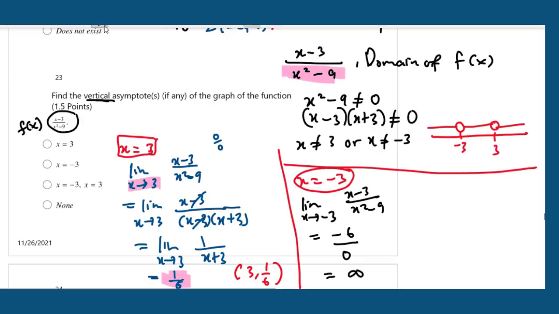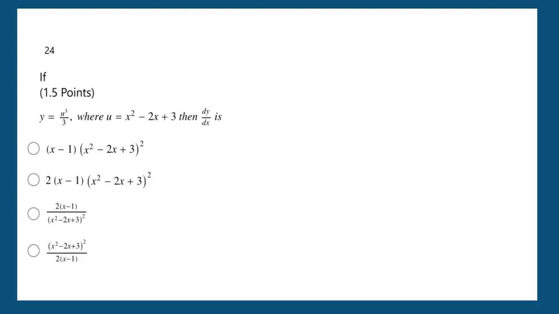So when x equals negative 3, y is equal to infinity. One side negative infinity, one side infinity. So x equals negative 3 is a vertical asymptote. So there is only one vertical asymptote, that is this one, not this one.